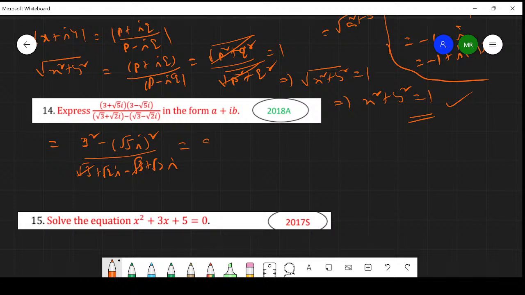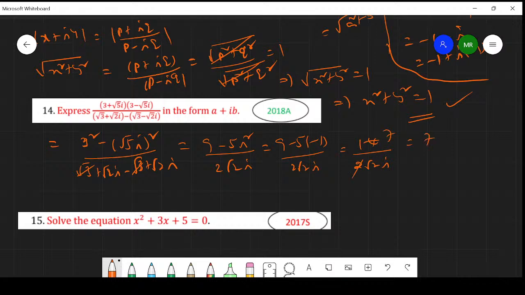You will get 9 minus 5 i square by 2 root 2 i. 9 minus 5 i square is 9 plus 5, which is 14. It comes 14 by 2 root 2 i. Two sevens, so 7 by root 2 i.